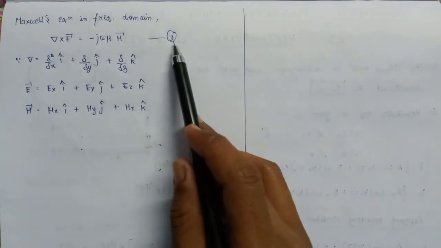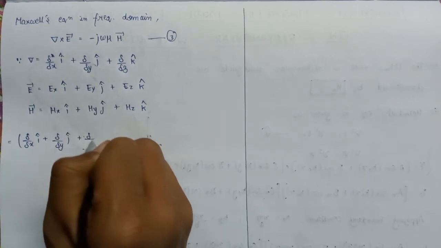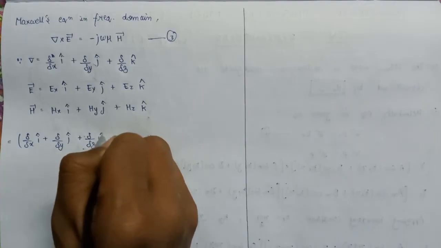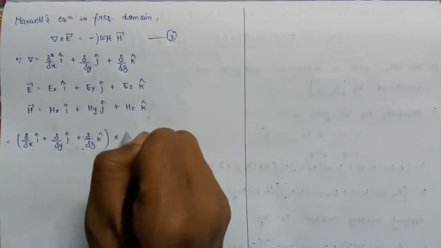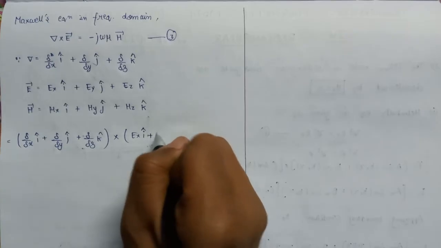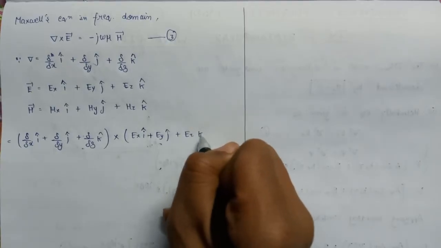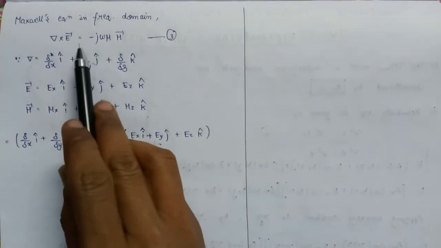If we substitute the values of del, E vector and H vector in equation number 3, it will become del over del x into i cap plus del over del y into j cap plus del over del z into k cap, in cross product with the E vector, that is Ex i cap plus Ey j cap plus Ez k cap, equals minus j omega mu.